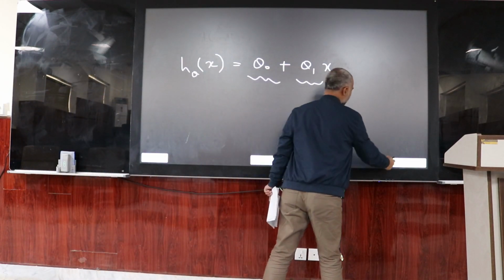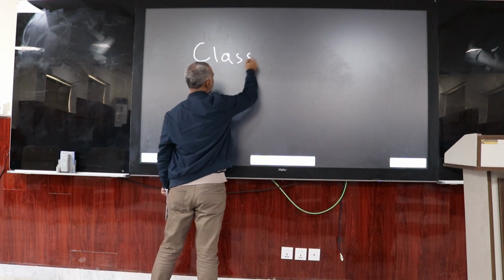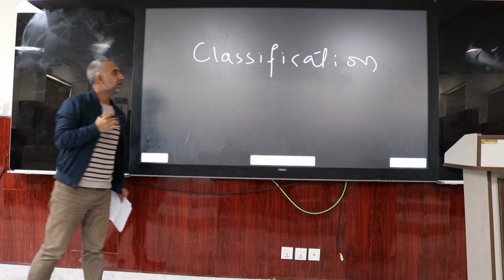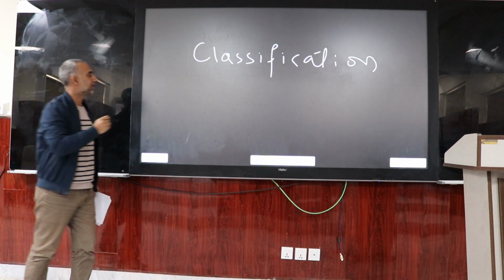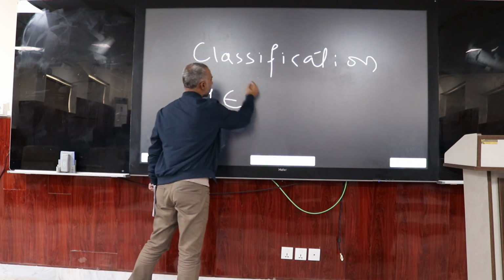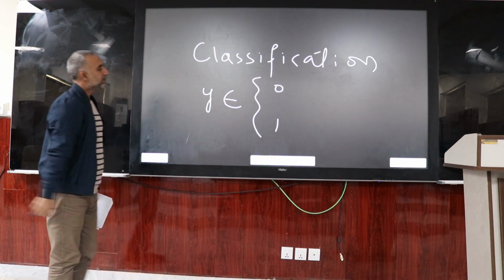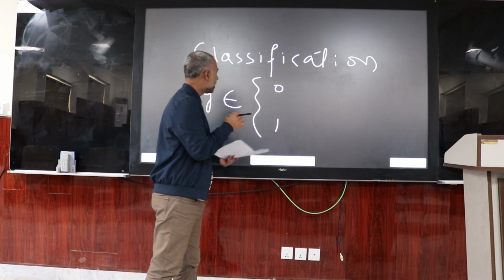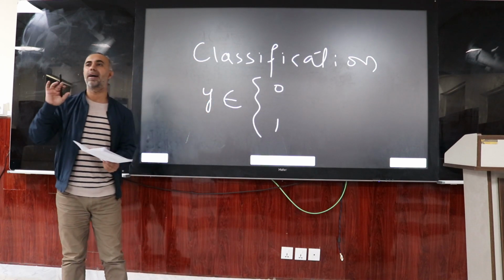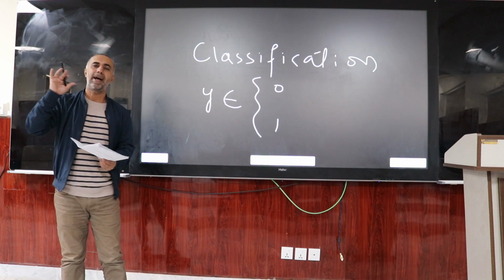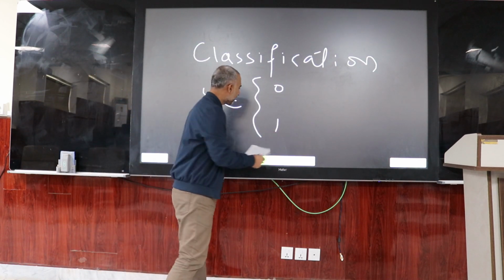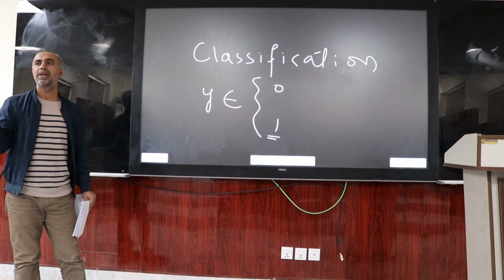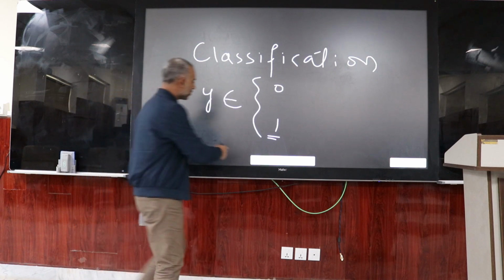And once we are talking about classification, then of course we are expecting some kind of binary output, and the binary output, you can say, is 0 or 1. 0 means that the features are not up to the required standard, are not meeting the expected values, and 1 is when the features meet the required output. Let me give you an example.